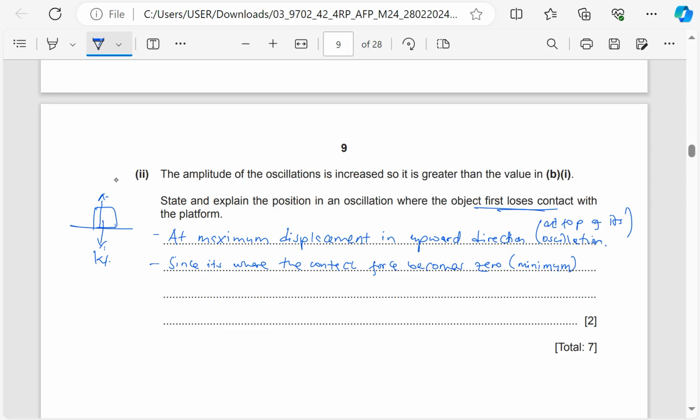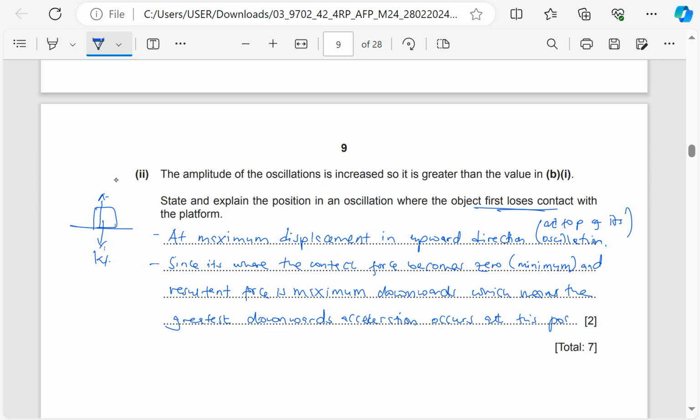It's where the contact force becomes zero, it's minimum, and if the contact force is zero, that means the resultant force is maximum downwards, which means the greatest downward acceleration is at this point, or at this position.